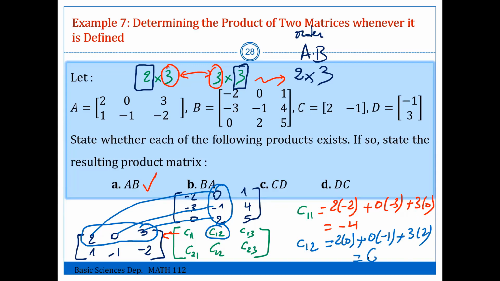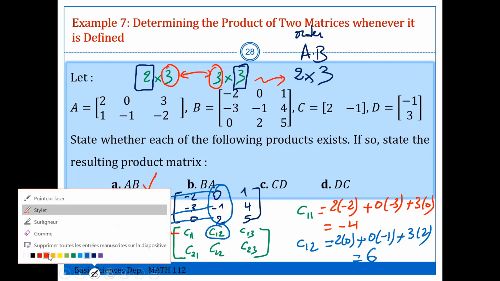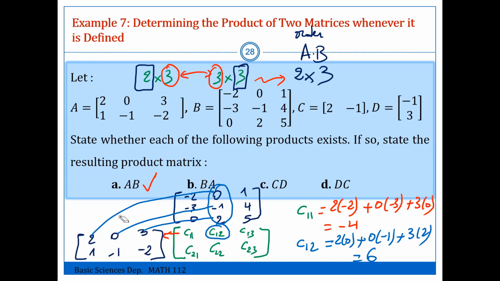So it's 6. And so on. So this is the strategy to multiply 2 matrices. And you continue till you fill all the matrix.